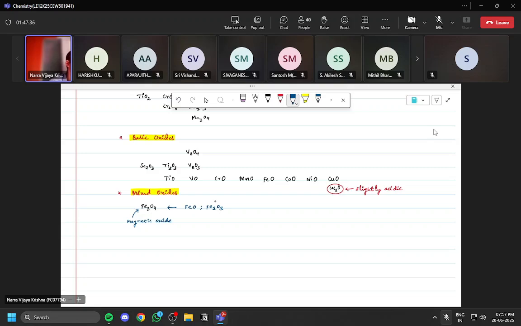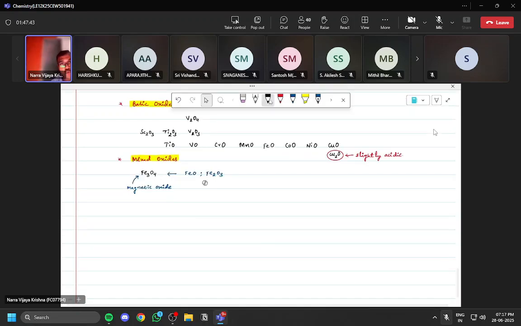That's why it is called magnetite or magnetic oxide. Next, I am taking Mn3O4. It is also a mixture of 2 moles of MnO and 1 mole of MnO2. Balanced.